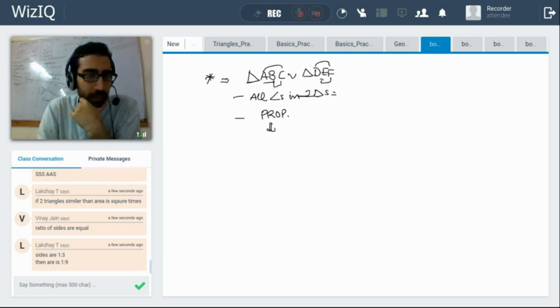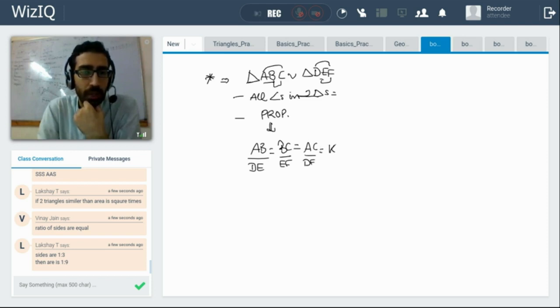In fact, let me just write this. I must have mentioned that it's very important to write or to express similarity properly. So ABC being similar to DEF means that the first two here, AB, and the first two there, DE, this ratio is equal to the other ratios, is equal to BC by EF is equal to AC by DF.